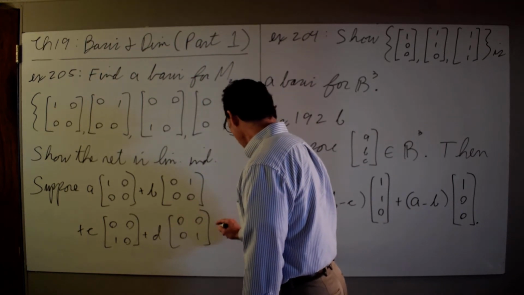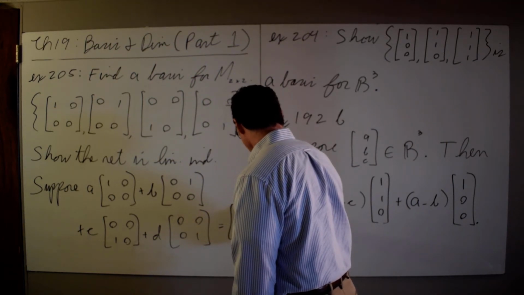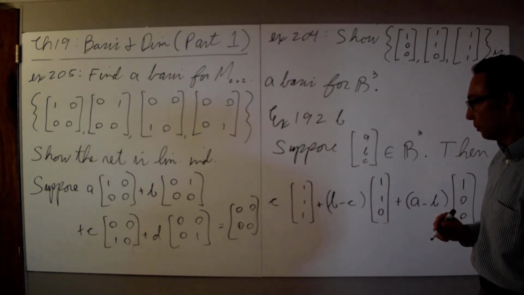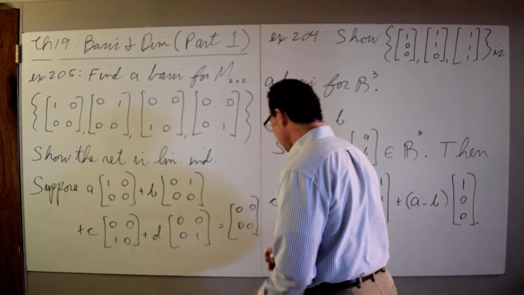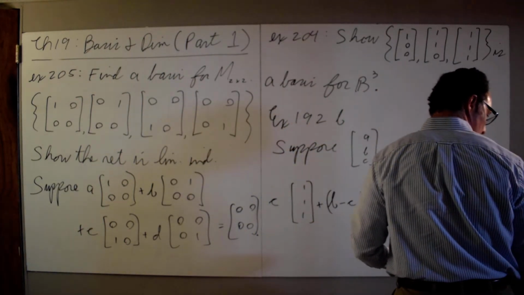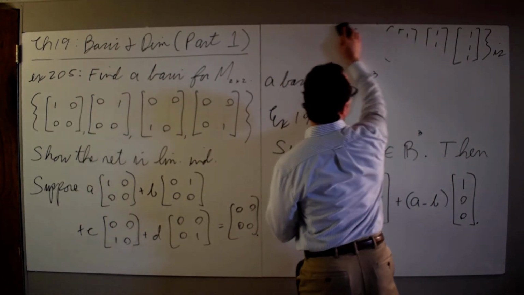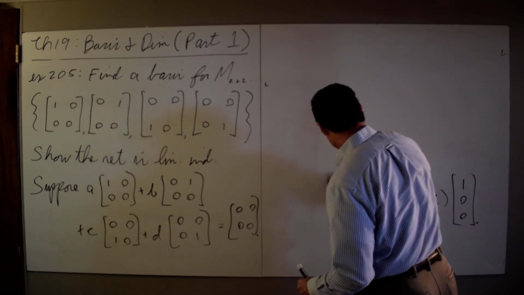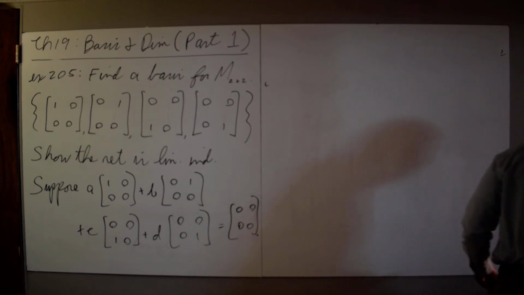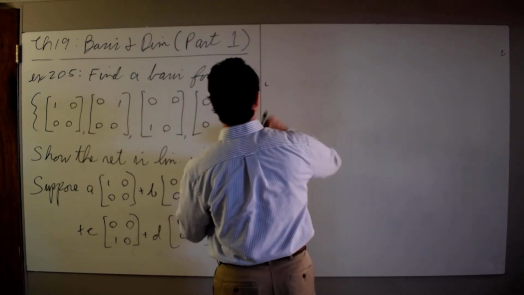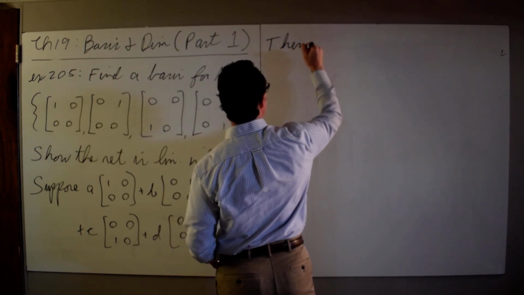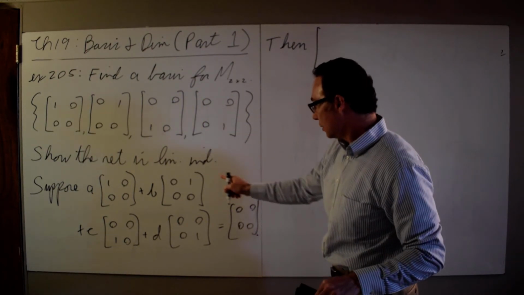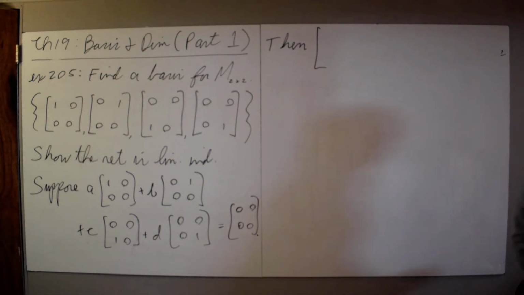So let's suppose the sum of these four matrices is the zero matrix. The zero matrix in this space is what we would call the zero vector. Let's suppose that's true. Then if we add those four matrices together, what do we have?